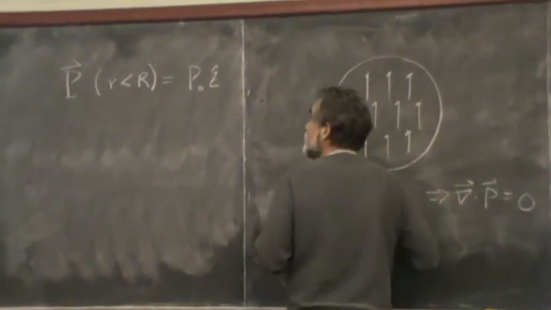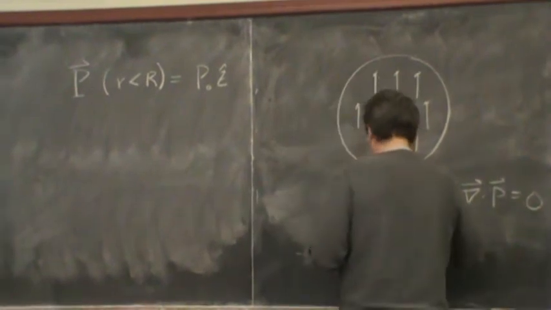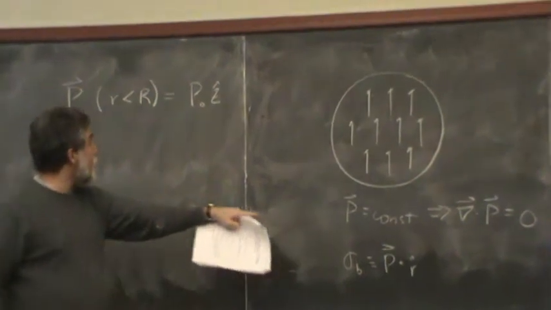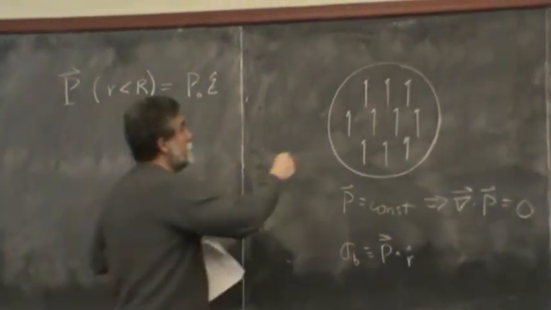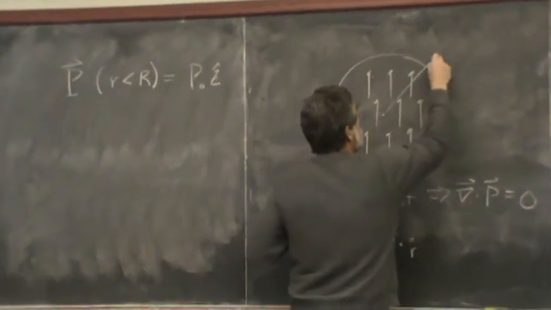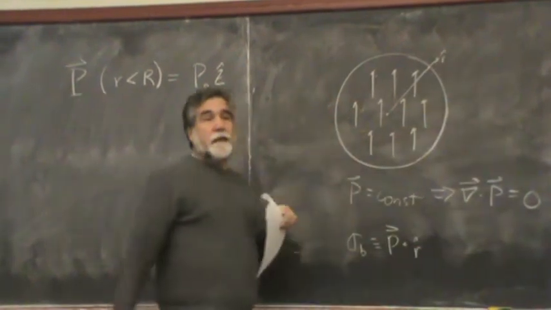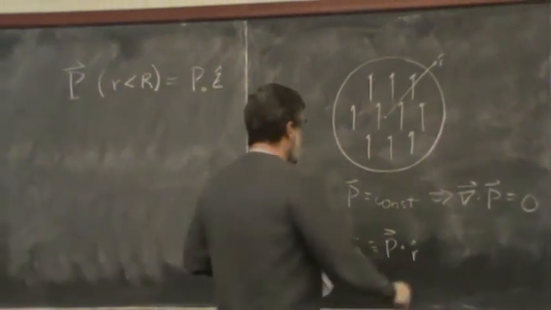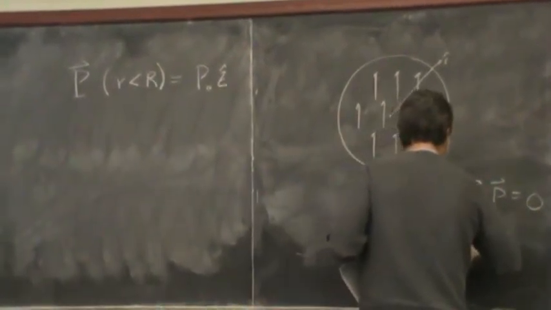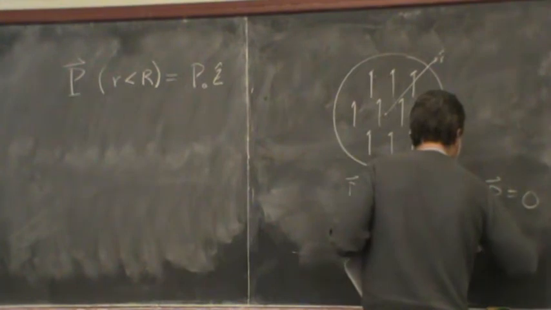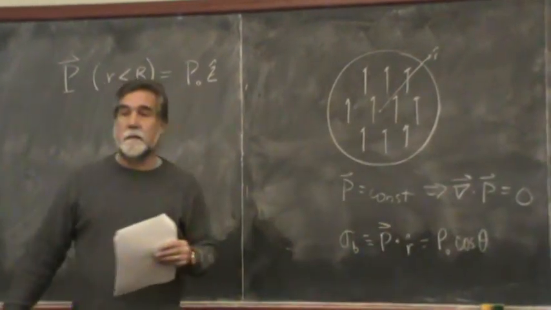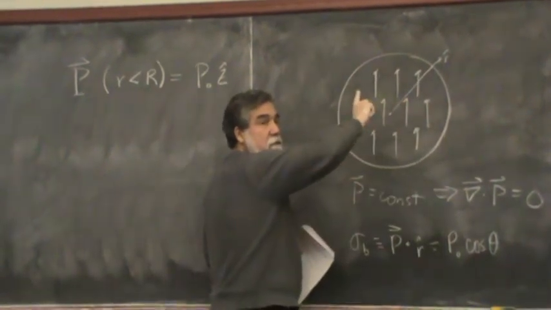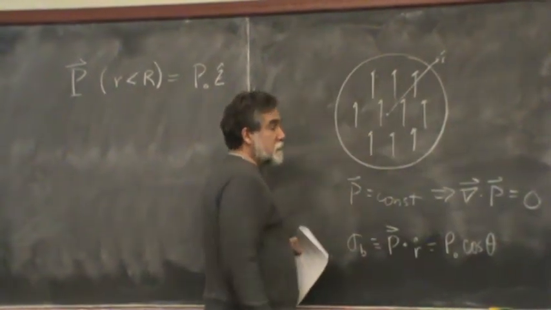Remember, I erased it, but I defined it as P dot, and in this case it's R hat because there's my sphere. I'll define my directions like so. P dot R hat would give me my surface density, and that's just capital P0 cos theta. I have no bulk density. I have only surface density.